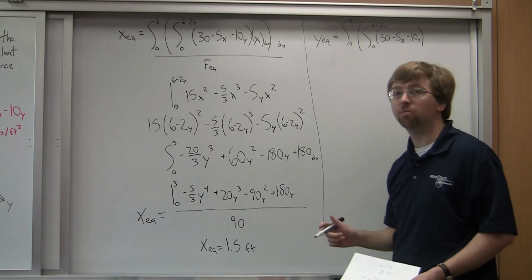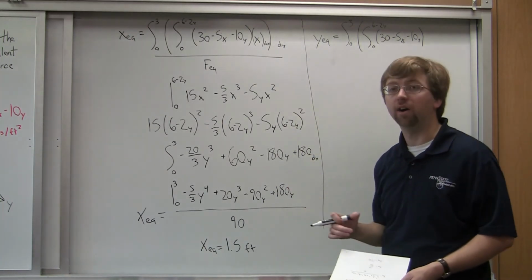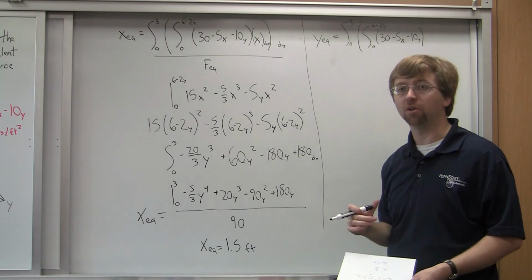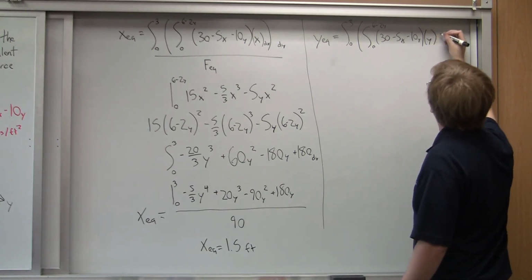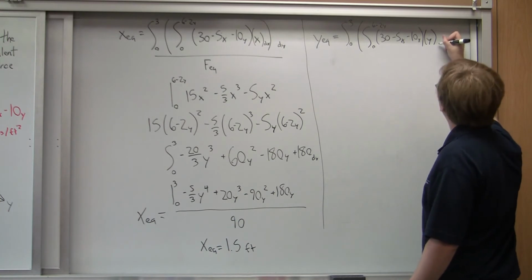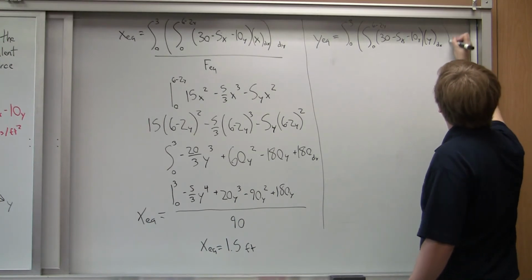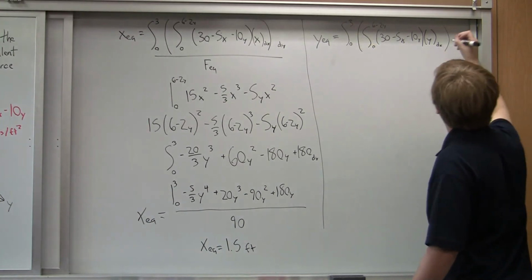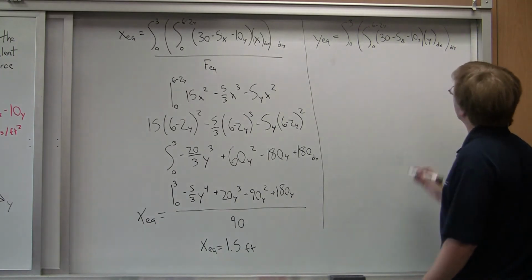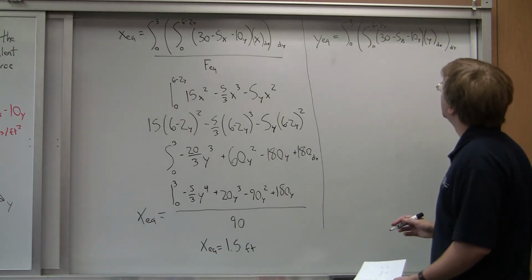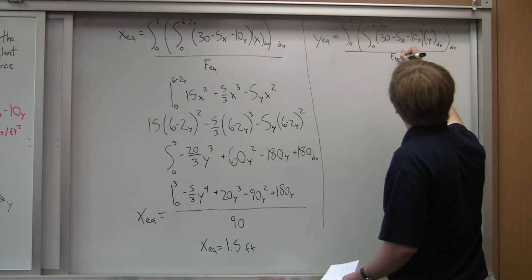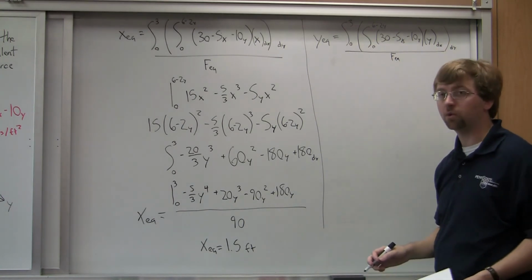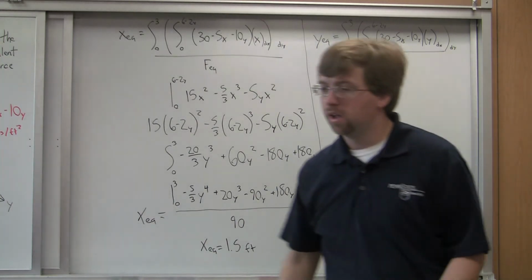And this time, rather than multiplying by x, for the YEQ we need to multiply by y. So times y. The inner integral we're integrating with respect to x, and the outer integral is 0 to 3, we're integrating with respect to y. And all of this, again, is divided by FEQ, or the magnitude of our equivalent point load. All right?